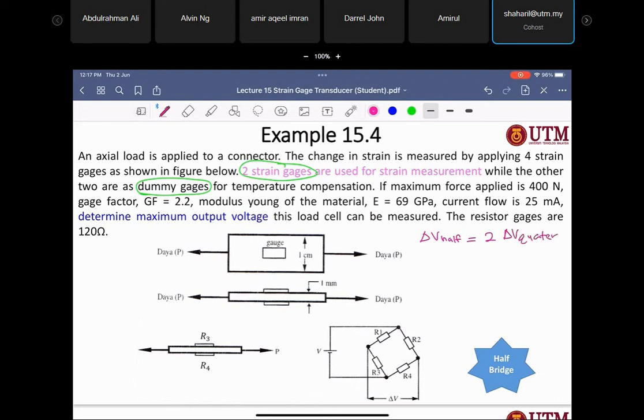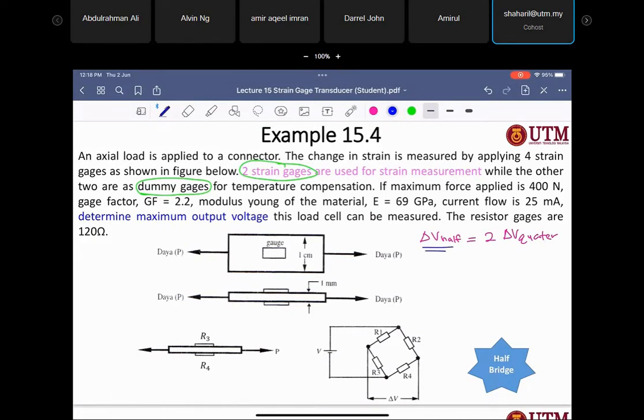Then it says that the maximum force applied is 400 Newton, gauge factor equal to 2.2, Young's modulus equal to 69 gigapascal, and current flow is 25 milliamp. Determine the maximum output this load cell can measure. So the maximum output means the delta V half.